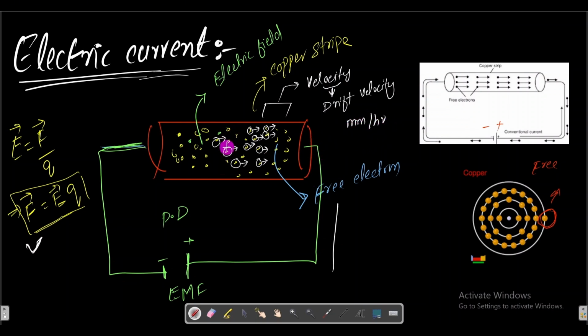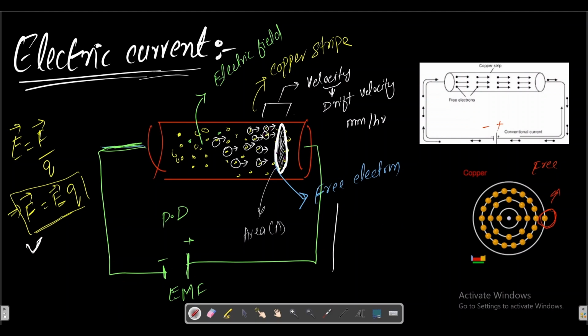So up to here we know that these electrons are in motion from the left side to the right side. If I take some area inside this copper strip, and that area is this, then the number of free electrons that pass through this area A at a given time is called electric current.